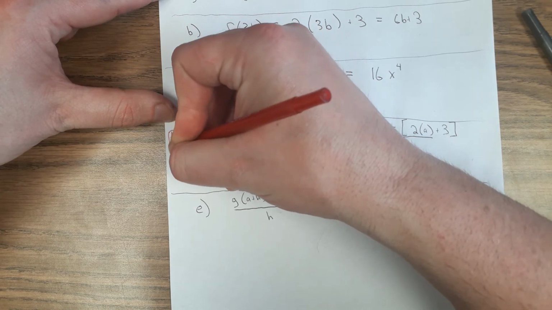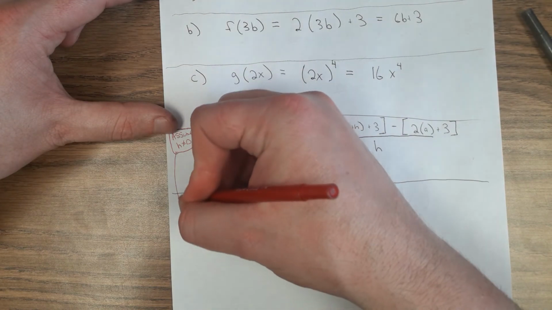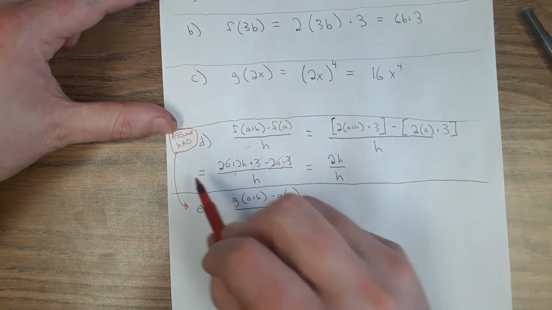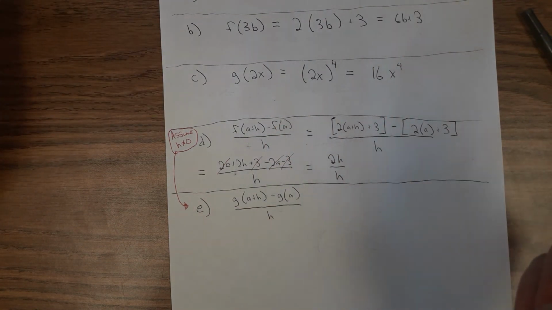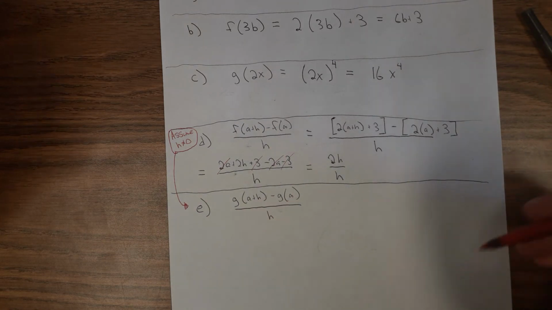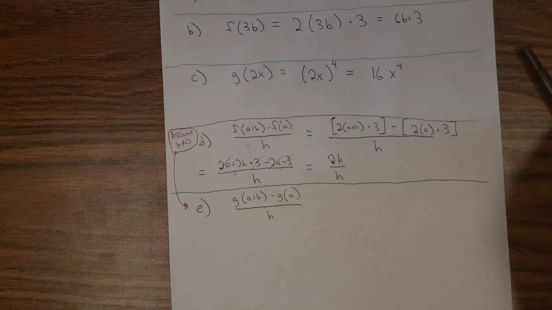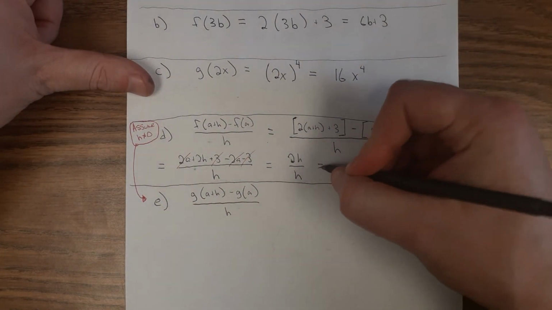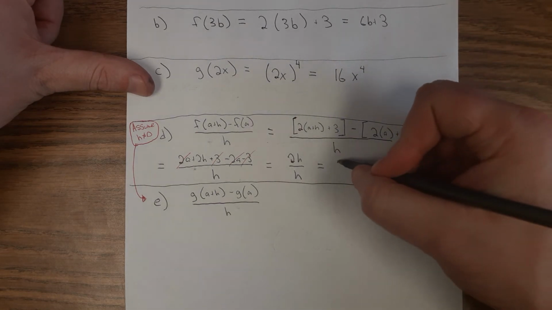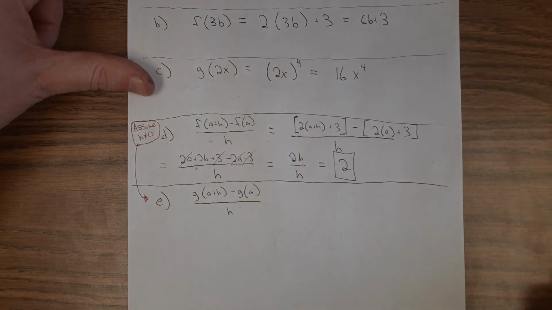As we do this one, we're assuming that h is not 0. And we're also going to do that for the next one. That should almost go without saying because I'm dividing by it, but let's make it explicit. So I'm assuming that h is not 0, so I'm not breaking any rules here. And then I can cancel an h and just say that this is 2. So that's fully simplified.